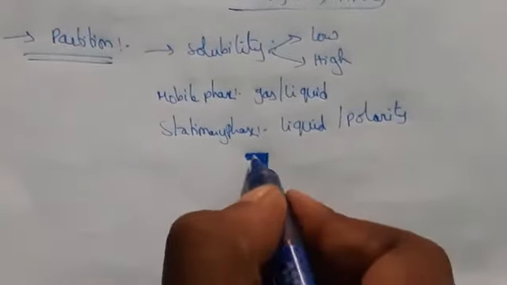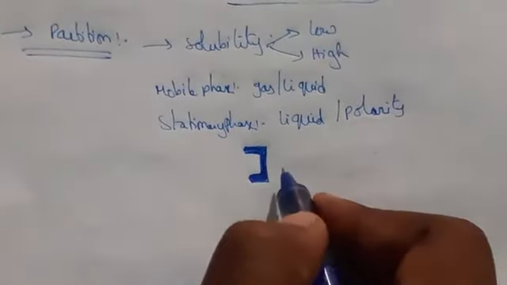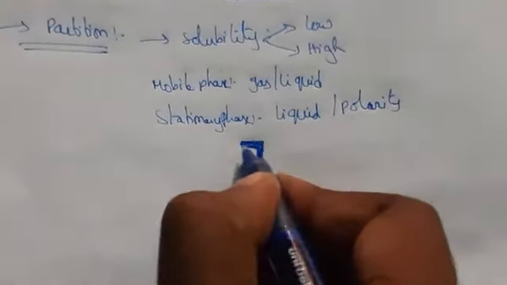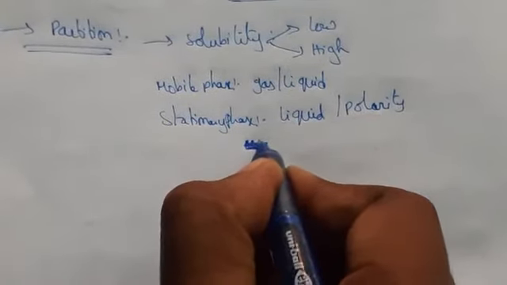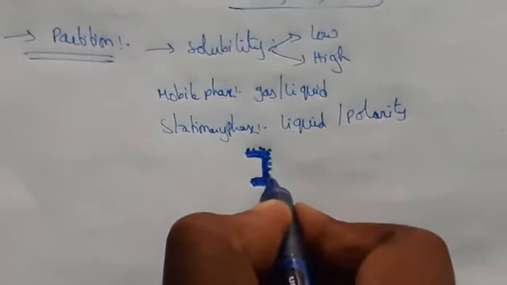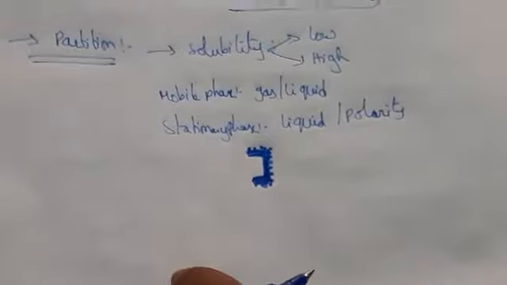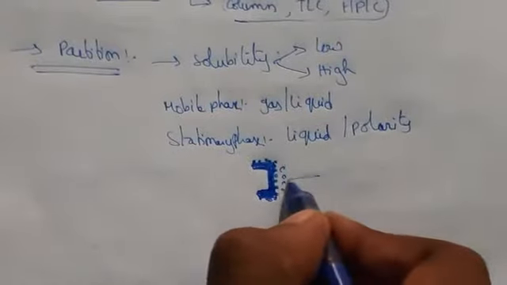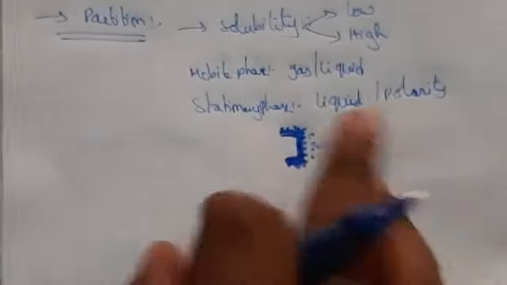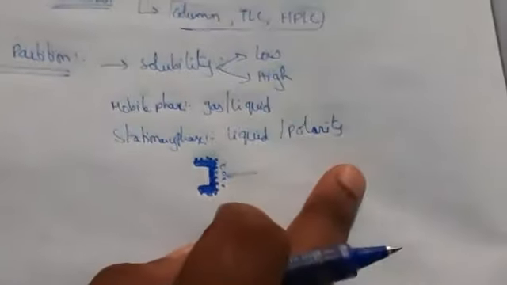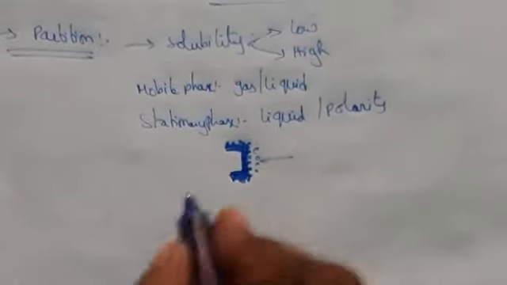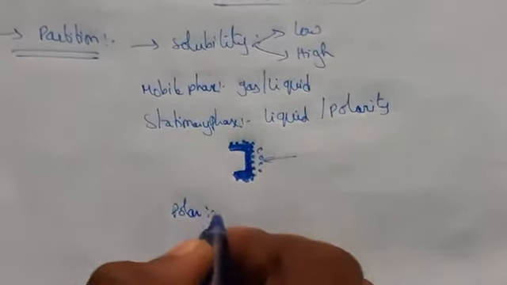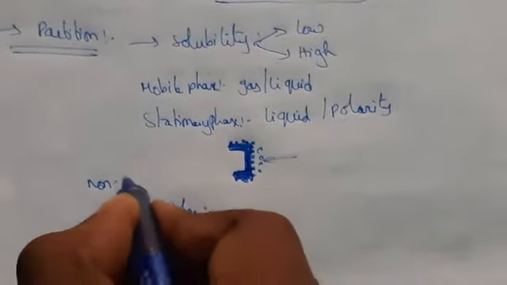In the same way, this solid is coated with a small amount of liquid. When you pass the mobile phase, the individual components automatically separate. The partition is between the liquid on the stationary phase and the mobile phase. Then what is polar and non-polar? Non-polar is nothing but same charges.